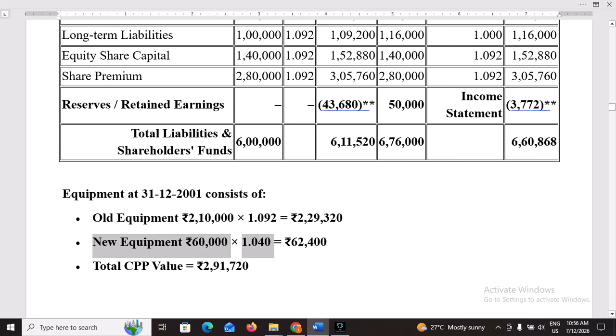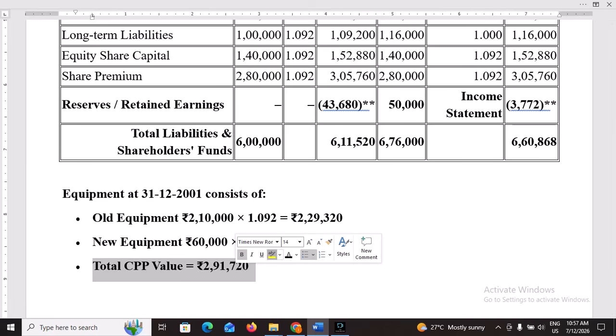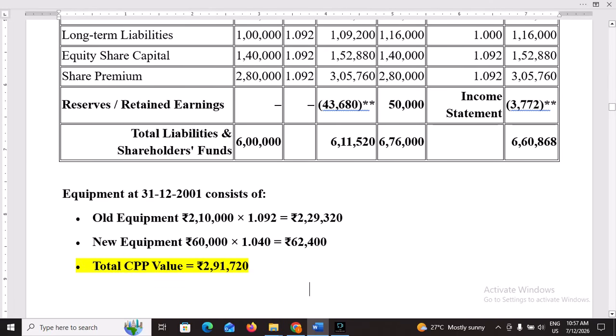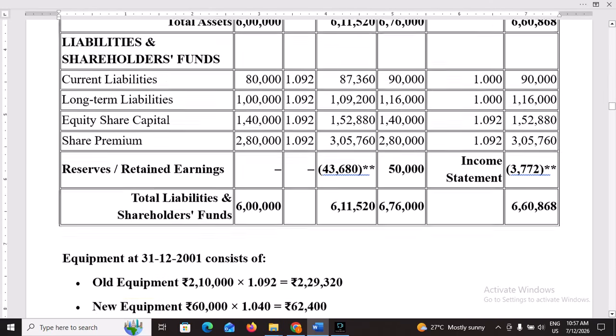So 60,000 into 1.04 is 62,400. So simple. 2,29,320 plus 62,400, total is 2,91,720. This is the closing year's total CPP value.